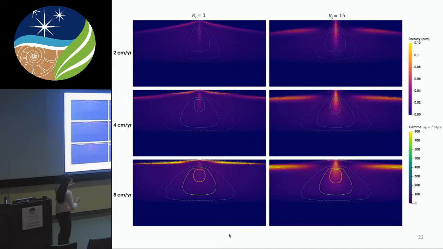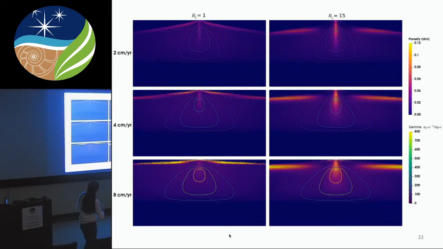The difference between the two is that if you look at the melt flow lines, most of them are vertical on this side, and it's mainly focused by what we call the decompaction layer. And on the right here, I realize it's quite difficult to see, a lot of lines are following this gradient towards where it's melting the most, and then moving up to the ridge axis.